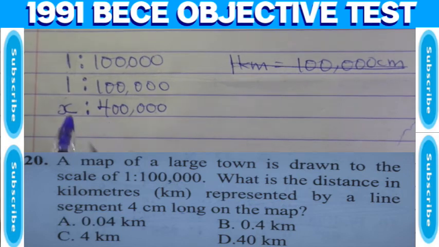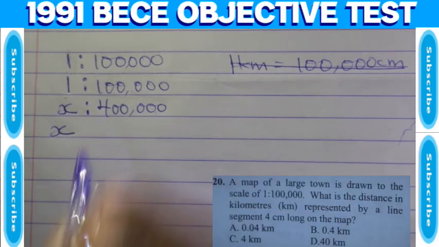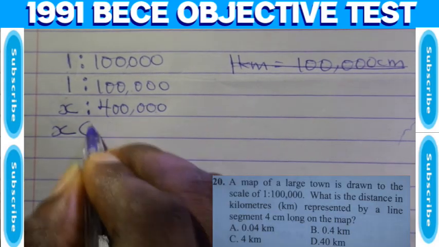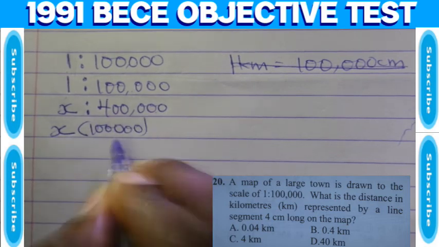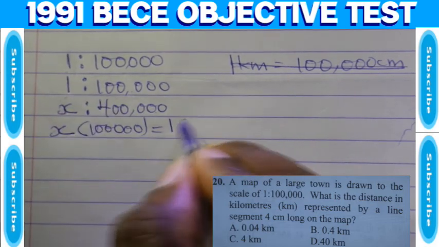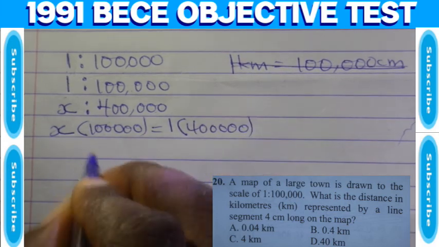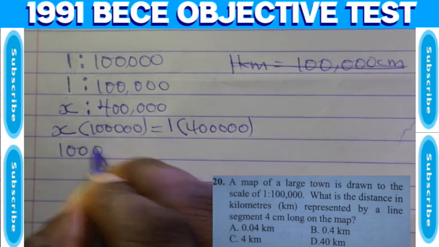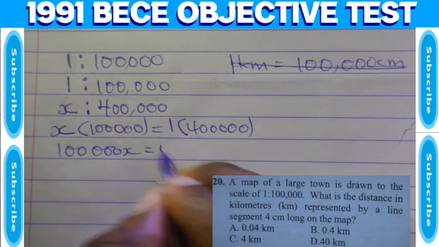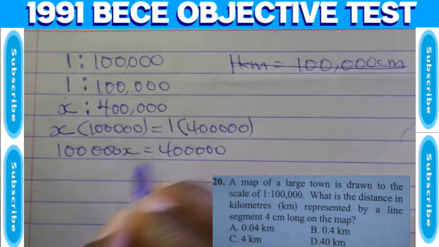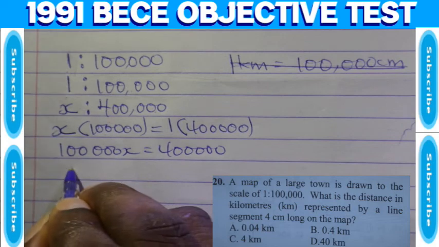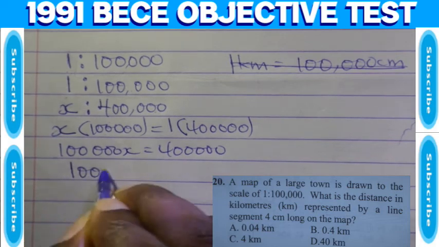So this is how we go about it. x multiplies 100,000 will be equal to 1 multiplied by 400,000. This gives us 100,000x, and this gives us 400,000. To find the value of x, let's rewrite this whole thing again.